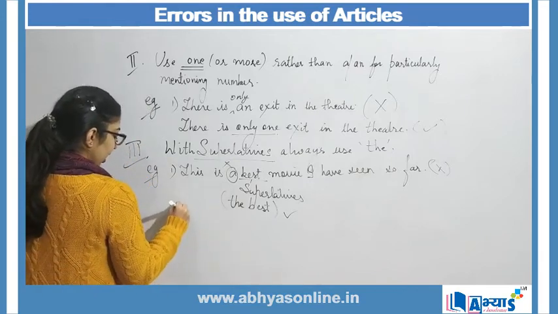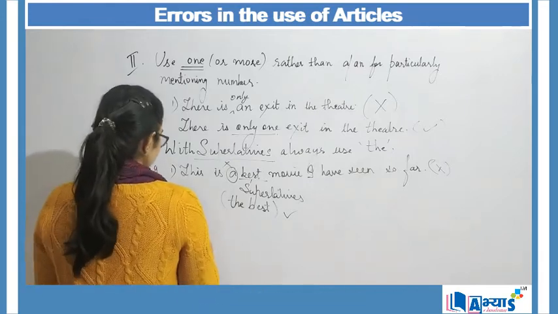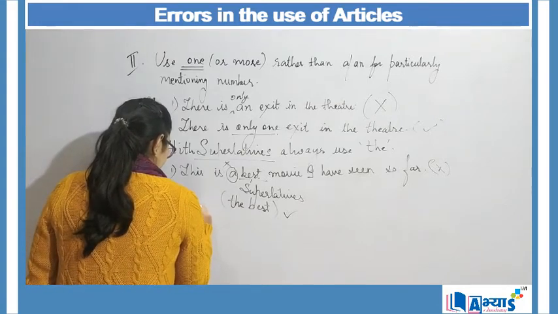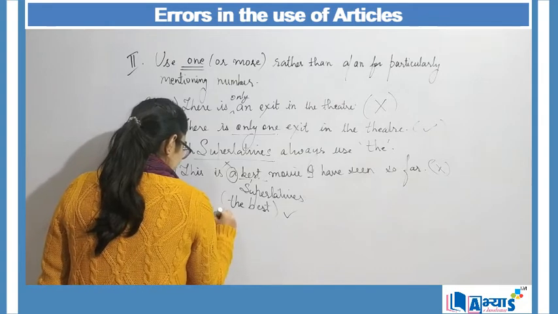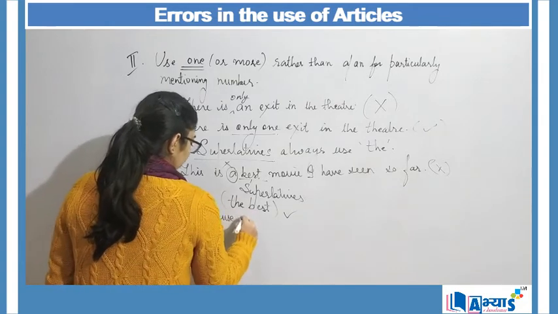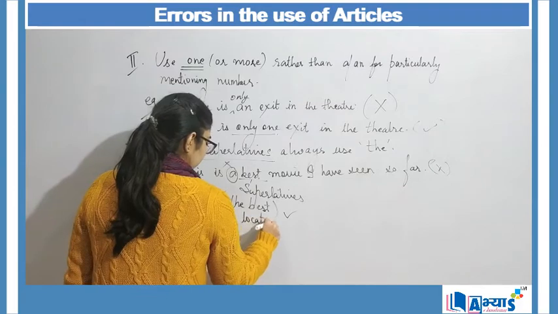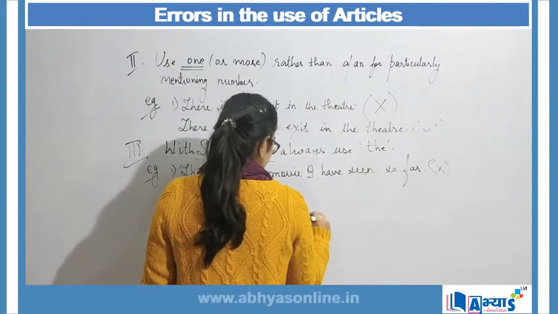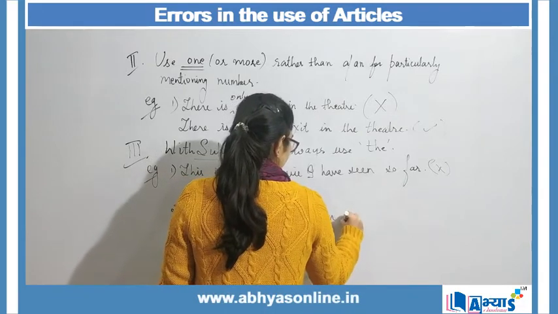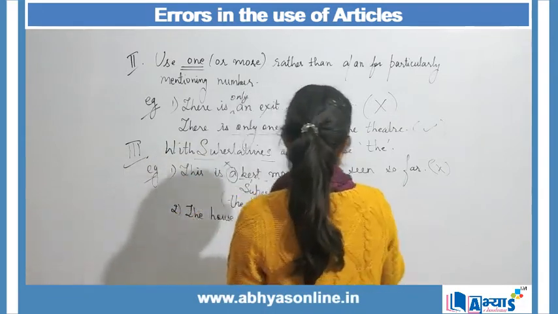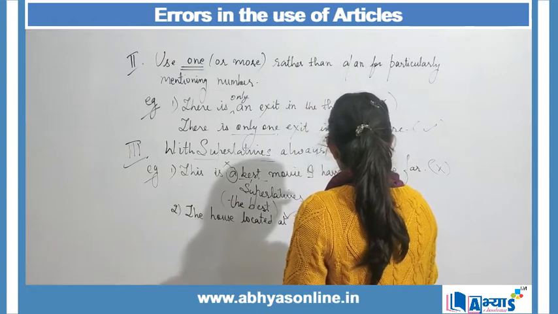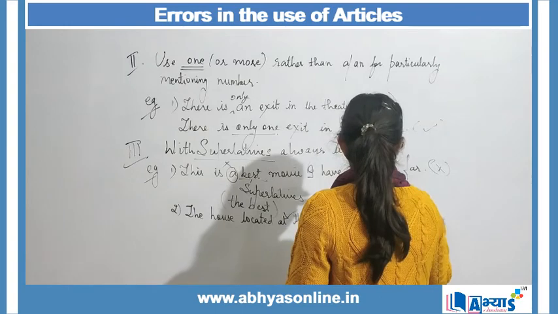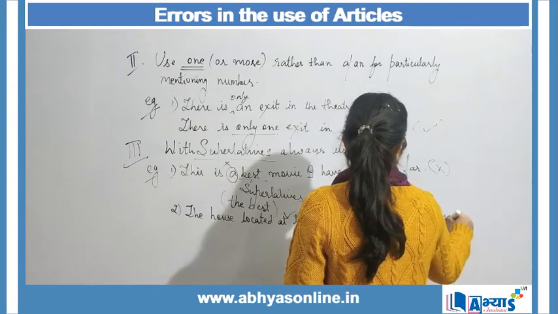For example, I say the house located at the corner is a farthest house from mine.